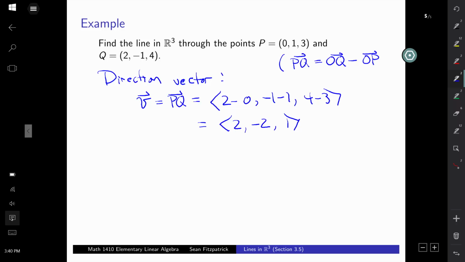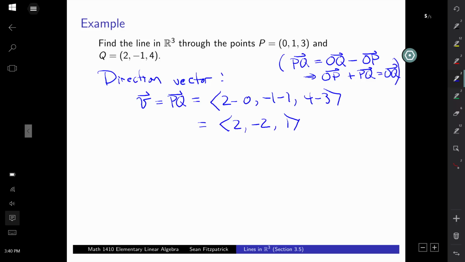If you rearrange this a little bit, this is saying that if I do the vector from the origin to P plus the vector from P to Q, that's equal to the vector from the origin to Q, right?